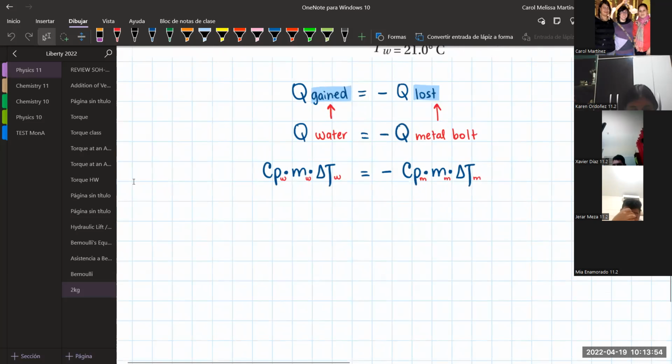Now, what do we need to do? We need to write the givens in the place that corresponds. The specific heat capacity of water is in the table, and it is 4,186 joules over kilogram Celsius. Now, what is the mass of the water sample?